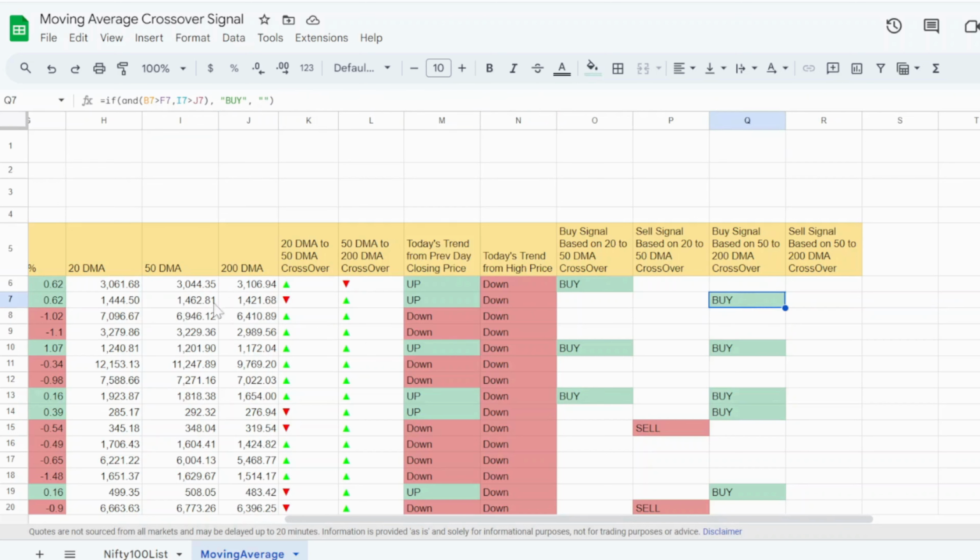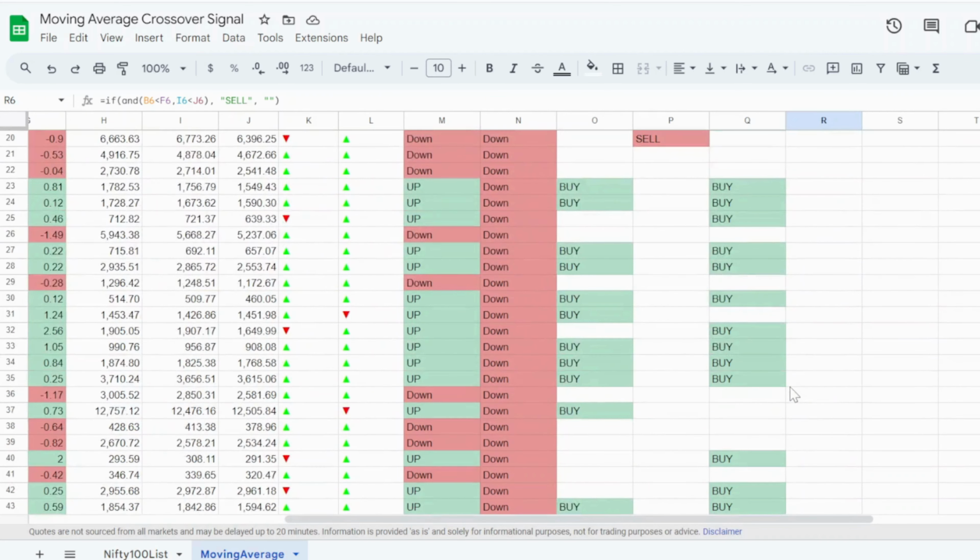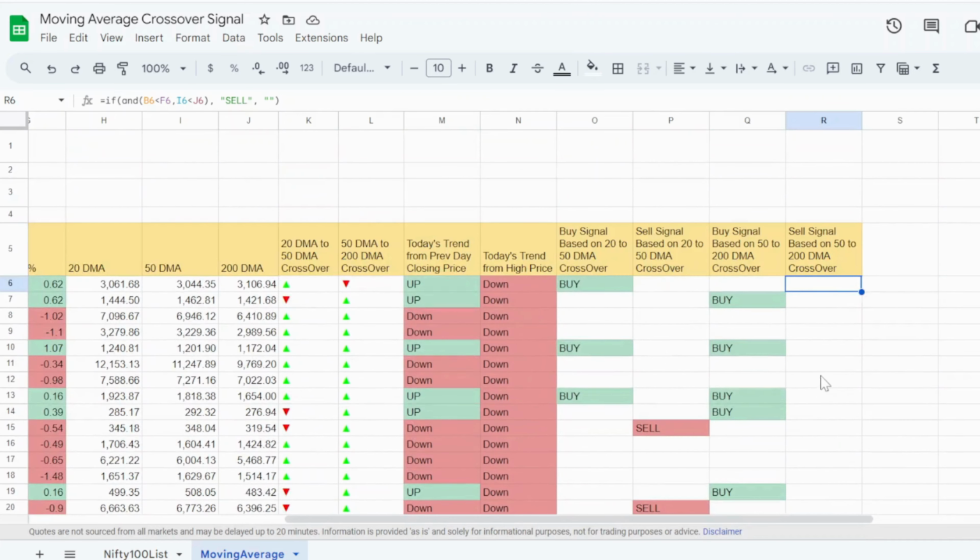In this example it's an uptrend and the 50 DMA is greater than the 200 DMA, that's why it's a buy signal. For the sell signal, it's totally opposite, where the trend will be down, along with that the 200 DMA will be greater than the 50 DMA. There is no sell signal as of now based on the 50 to 200 DMA crossover.